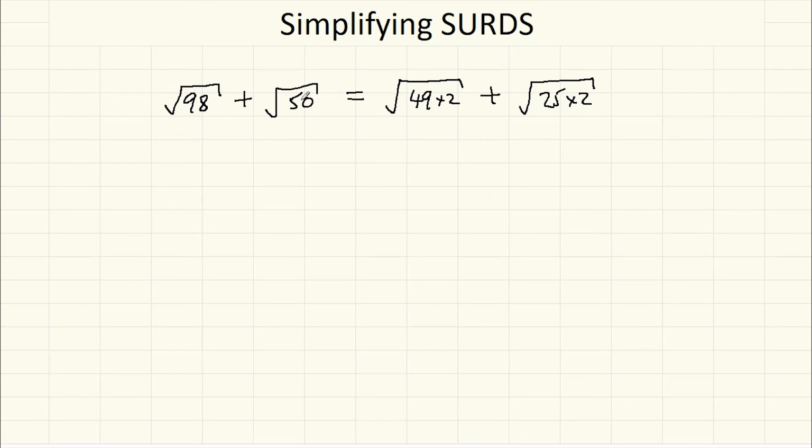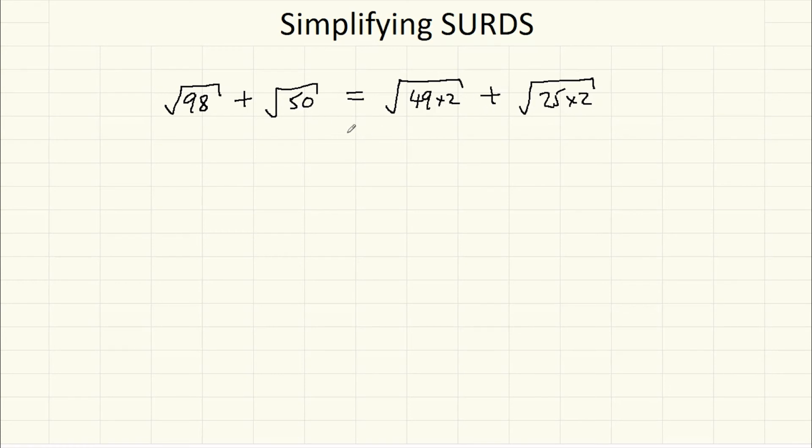Remember, when you're splitting these numbers up, you're looking to find a perfect root. So we could have split 50 up into 5 times 10, but that would have been no good because neither 5 nor 10 are perfect roots.